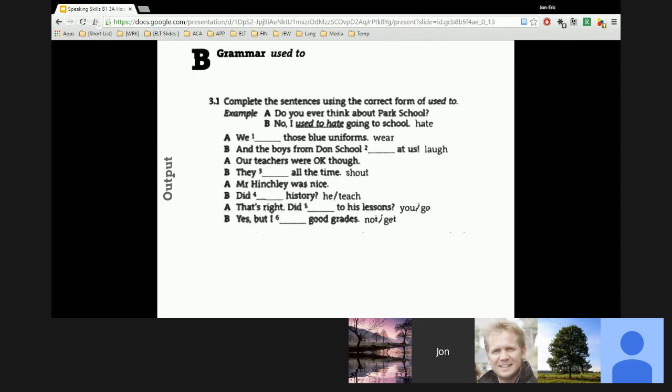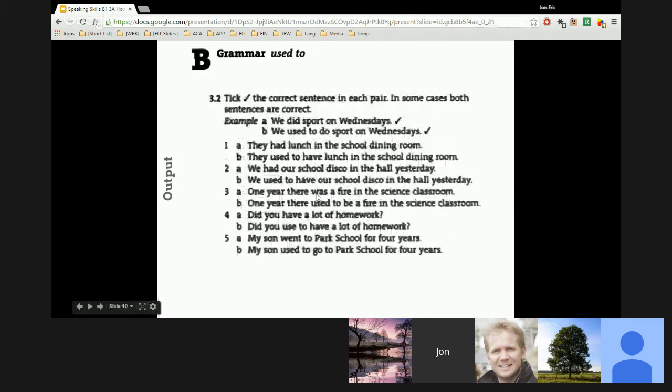I think both are right. Both are right. I didn't used to get good grades. It works. Both are okay. Because we didn't say I didn't get good grades in my 6th year of elementary school. It's not a specific time. Therefore, it's okay to use used to. It's okay. Okay, I hope that was clear.